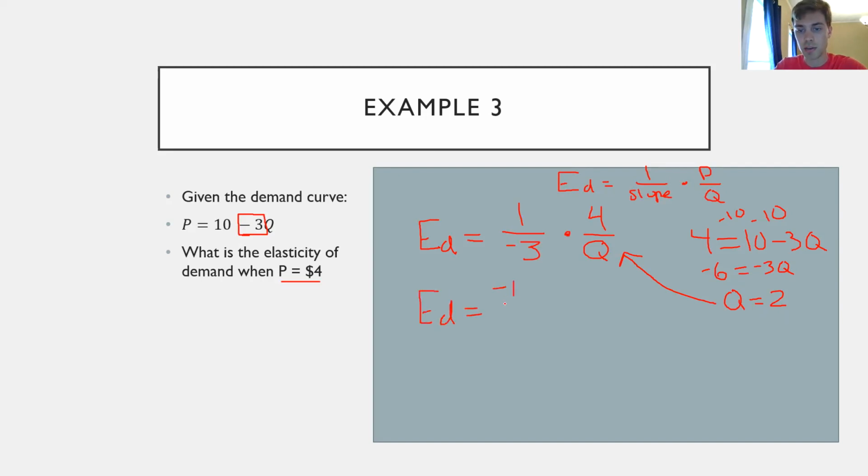We have -1/3 times 4/2, which is just going to be 2, and that gives us -2/3, or -0.666 repeating. So using the demand curve, really just the slope, and a price and quantity, we can find the elasticity of demand at the price of 4.